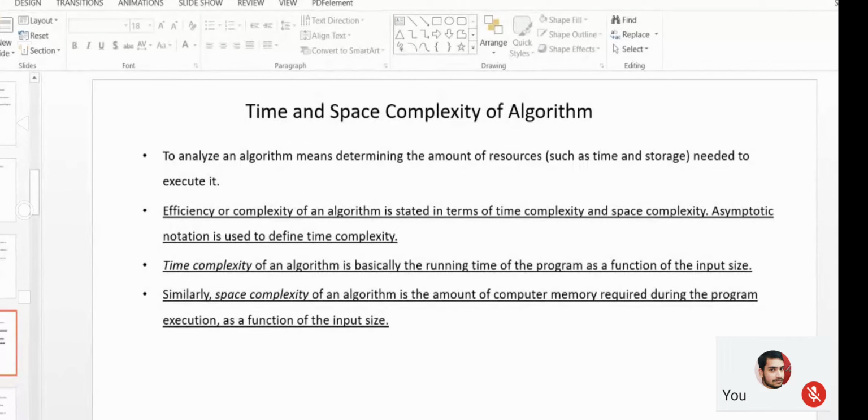What is worst case time complexity? It is the maximum time taken by an algorithm to execute. When I started the class, I asked how many students are there in this batch, and some of you said 68.